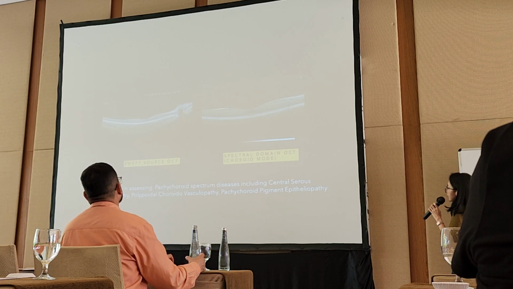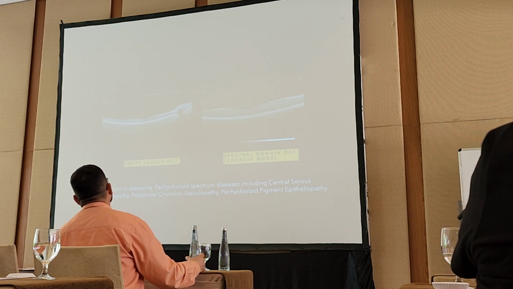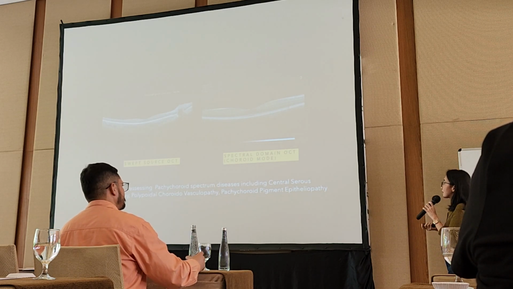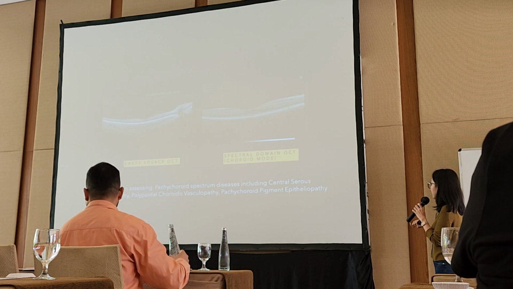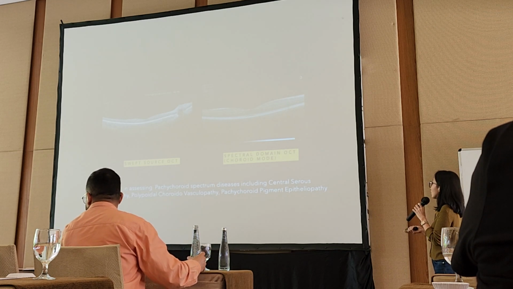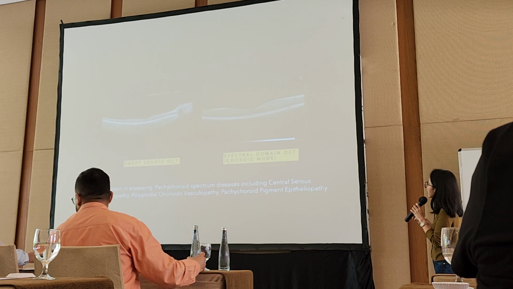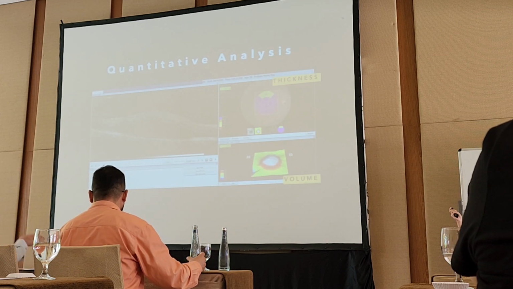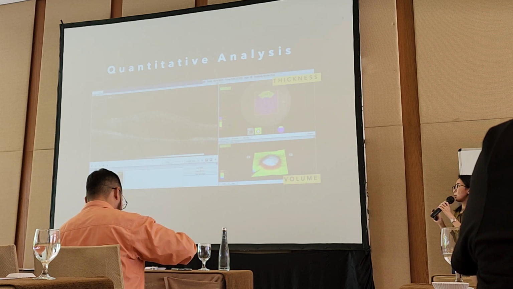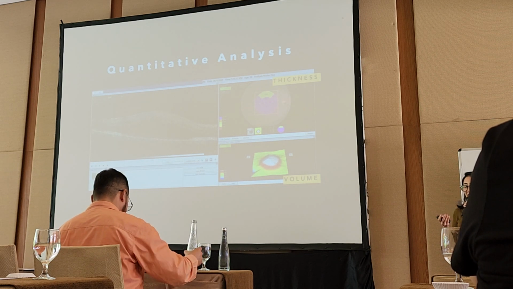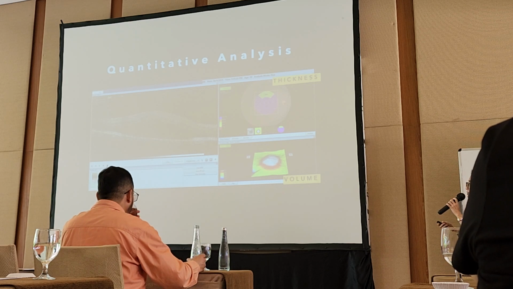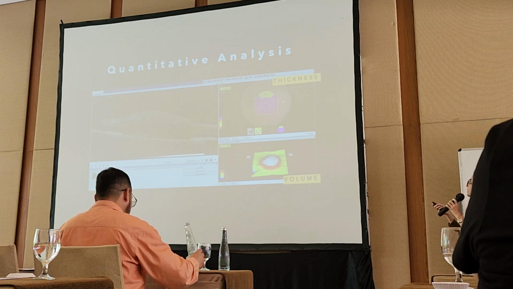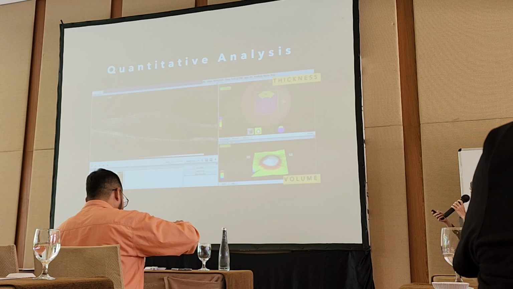So the choroid is important in assessing pachychoroid spectrum disease like CSCR, PCV, pachychoroid pigment epitheliopathy, pachychoroid neovasculopathy, etc. Okay. That was the qualitative analysis, where you need interpretation of a retina specialist to do a more precise diagnosis, but you get the gist.